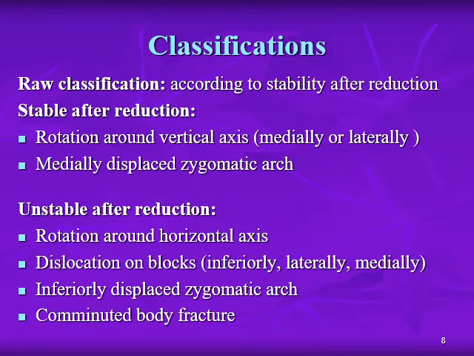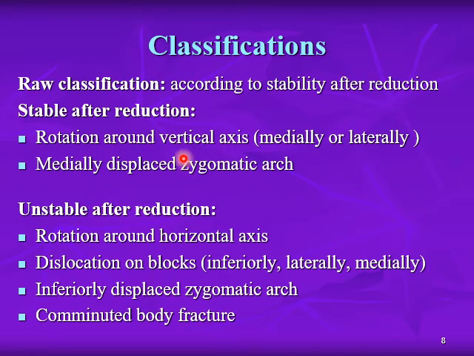Classification: we have many classifications of zygomatic bone fracture. The most common classification is Rowe's classification, and Rowe classified zygomatic fracture according to stability after reduction into stable after reduction and unstable after reduction.